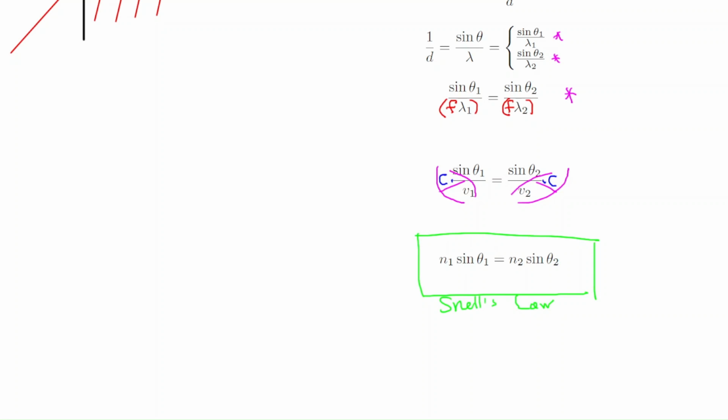Also, there's another approach that's common in textbooks at the introductory level that uses Fermat's principle of least time. In the near future, I'm hoping to make a video on that and how that reproduces Snell's law. Now for those of you looking at this from a more advanced perspective, light, as you know, is an electromagnetic wave.